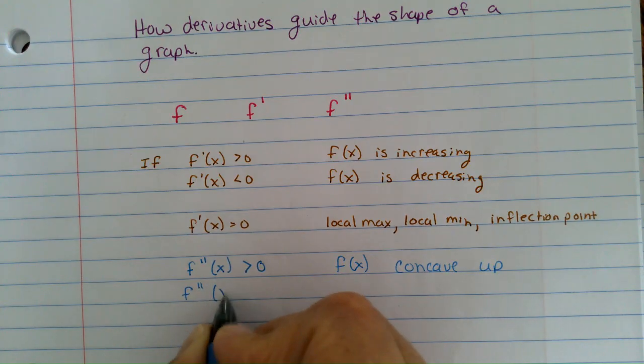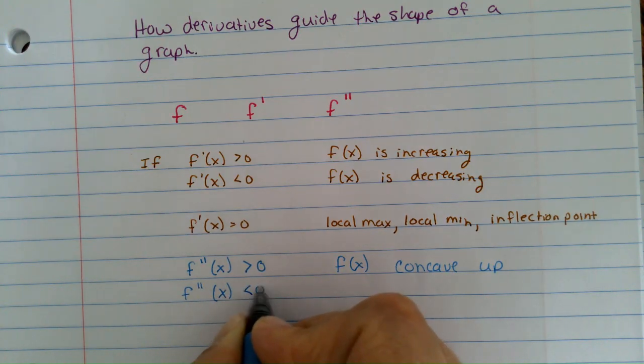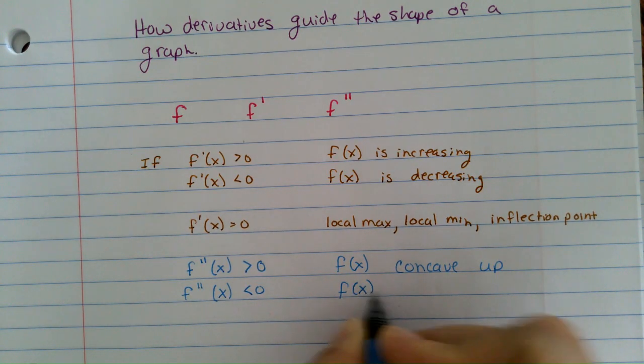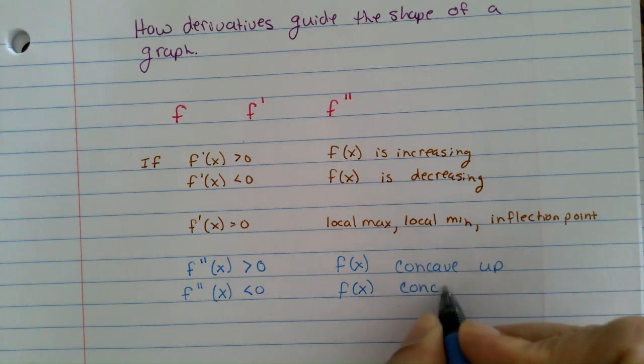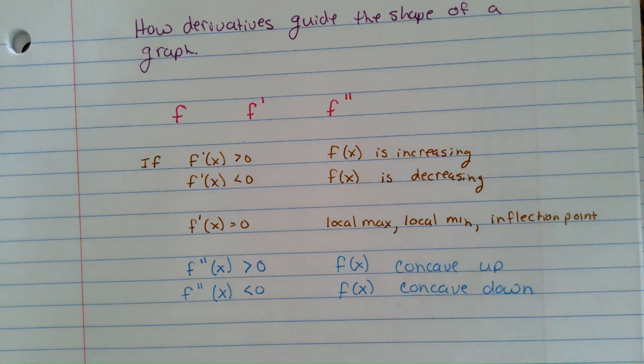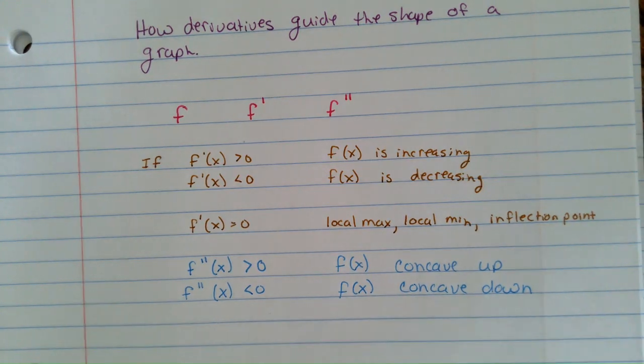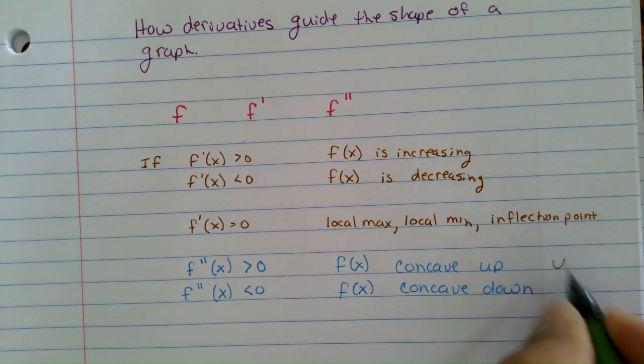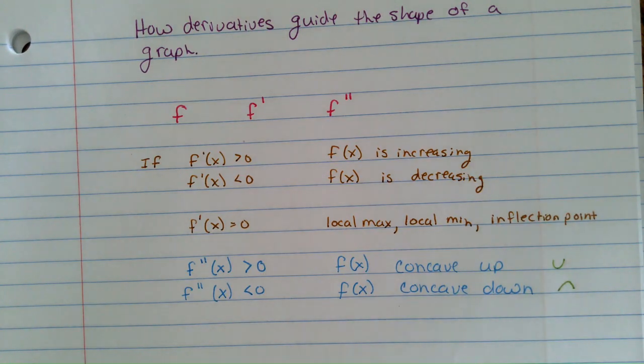If your second derivative is less than 0, your graph will be concave down. Think of that like smiley face, frowny face. Up, down. Okay?